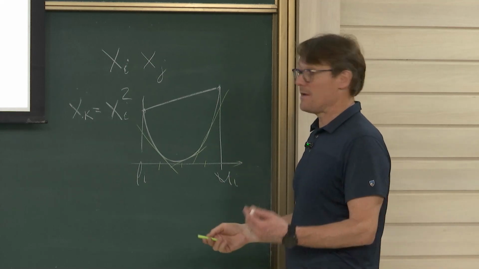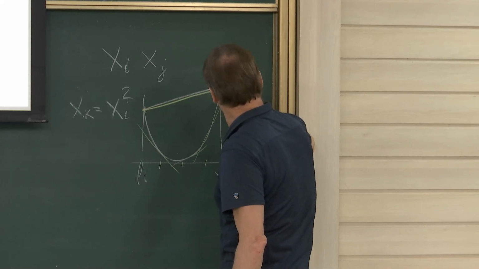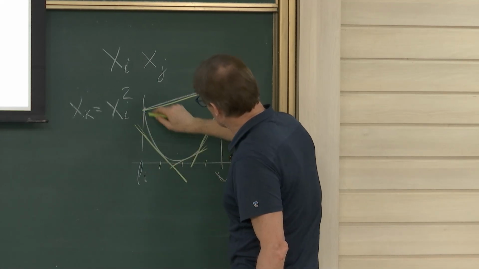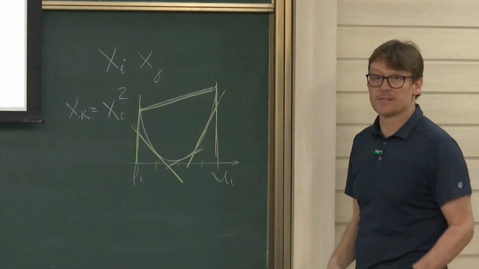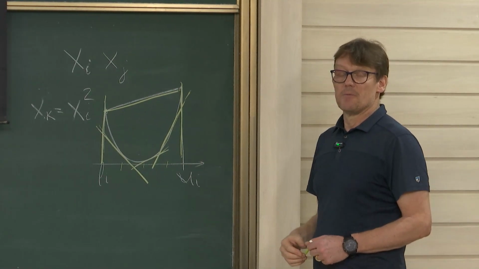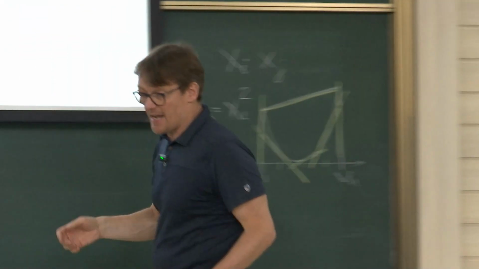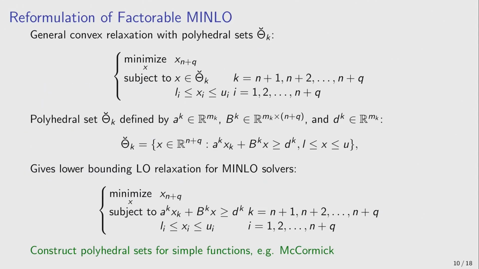So here I've constructed these 4 cuts, and then in addition, I have the lower and the upper bounds. So that's how I construct this set. But I have to do it for this limited number of functions that I have in my alphabet. So let's see, where's my alphabet?